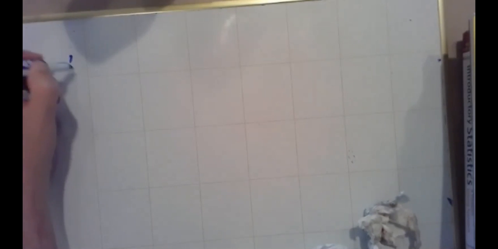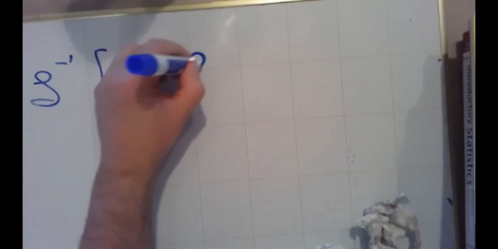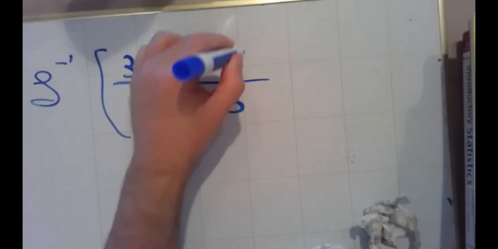What if I want the inverse Laplace transform of 3s plus 2 over s squared plus 25?